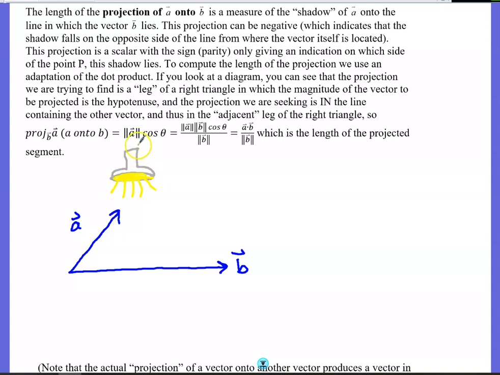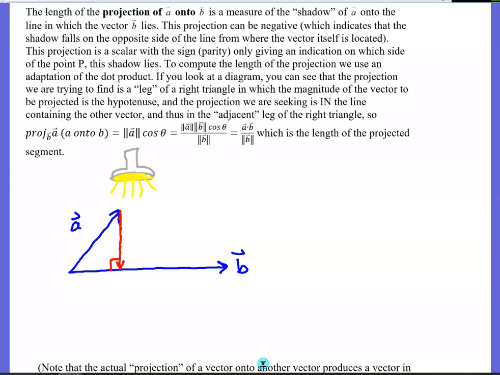So this light source is projecting straight at the wall, or straight at B. And the projection of A onto B, guys, is literally just the shadow. So this thing I'm drawing right now is not the shadow. That's just me showing you it going straight down, and it would meet B there at a right angle.